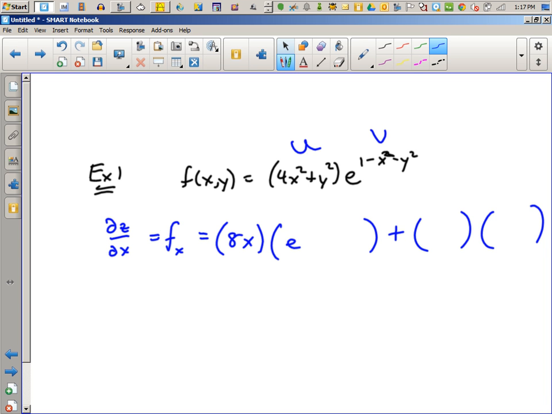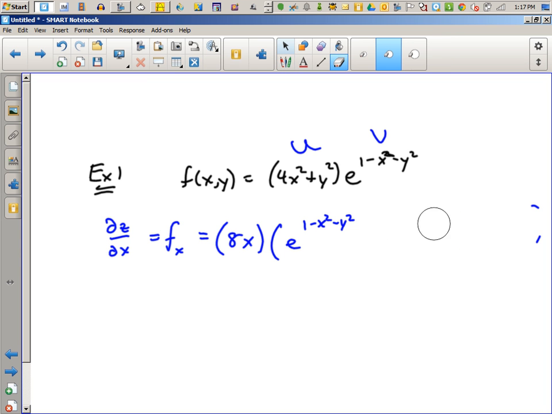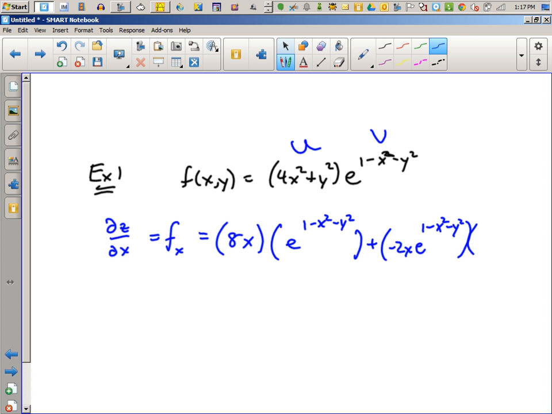And then you multiply by v. Plus, and then we need v prime times u. Let me give myself a little more room here. V prime would be negative 2x e to the 1 minus x squared minus y squared, times u, 4x squared plus y squared.